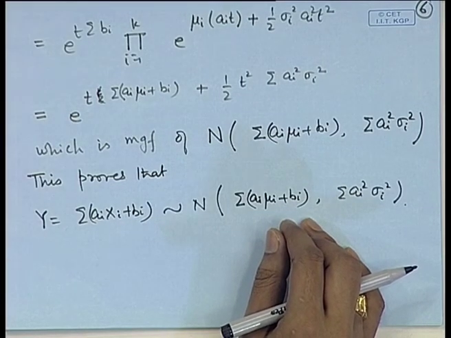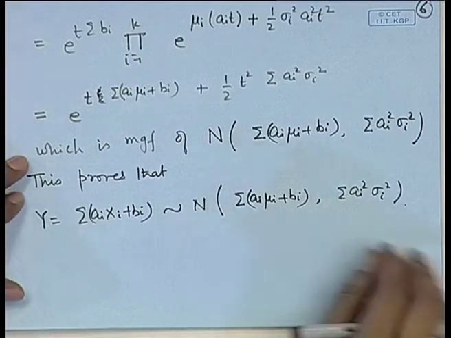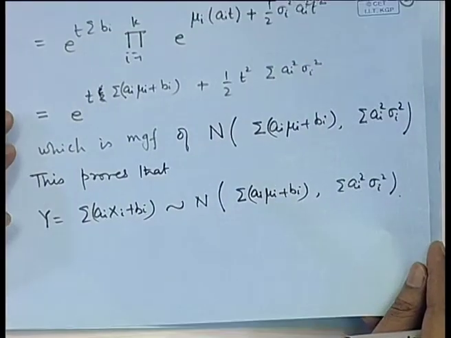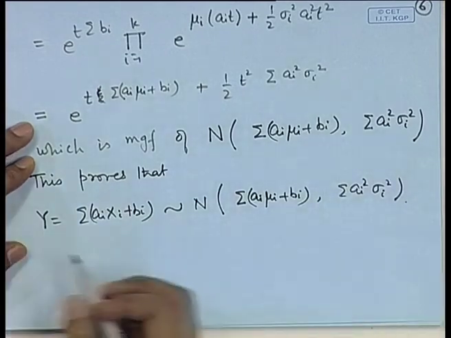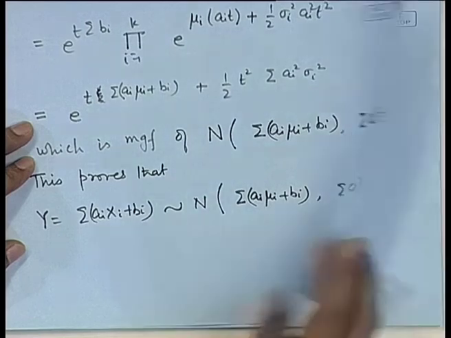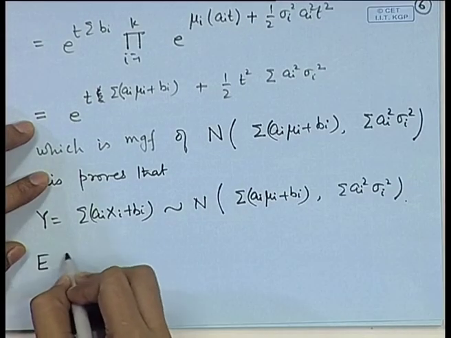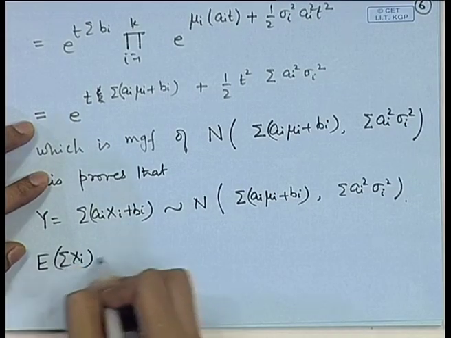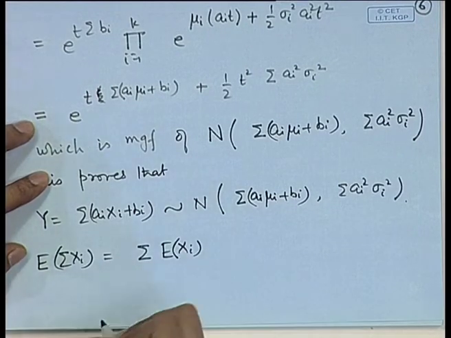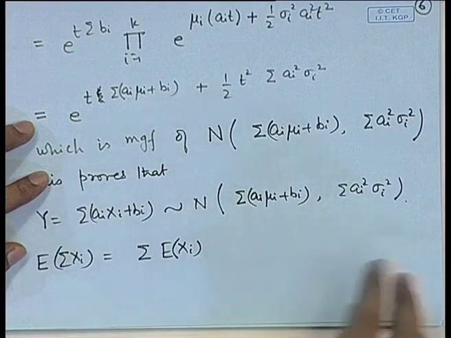There are certain results which are related to the calculation of the moments of sums, variances of the sums, etc. So, these I will state here. For example, if we look at the expectation of sigma X_i, it is equal to sigma expectation of X_i.